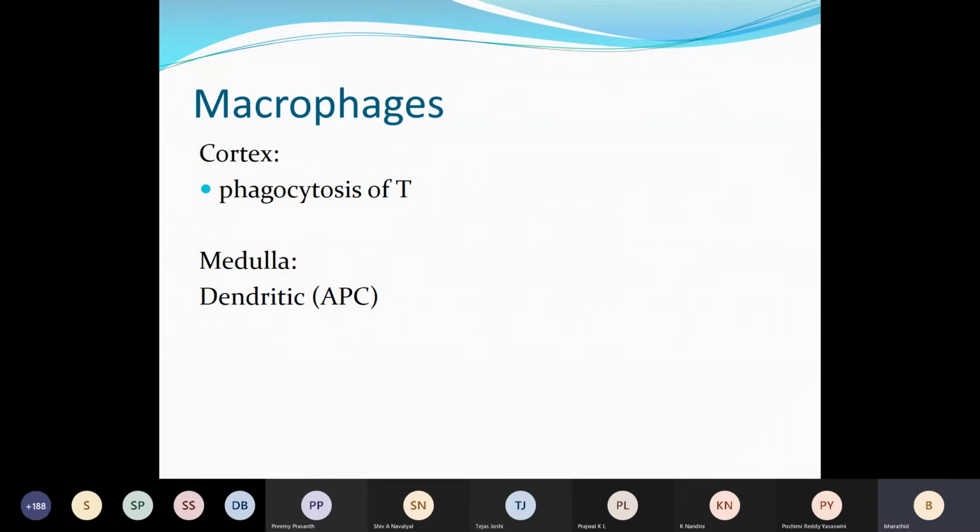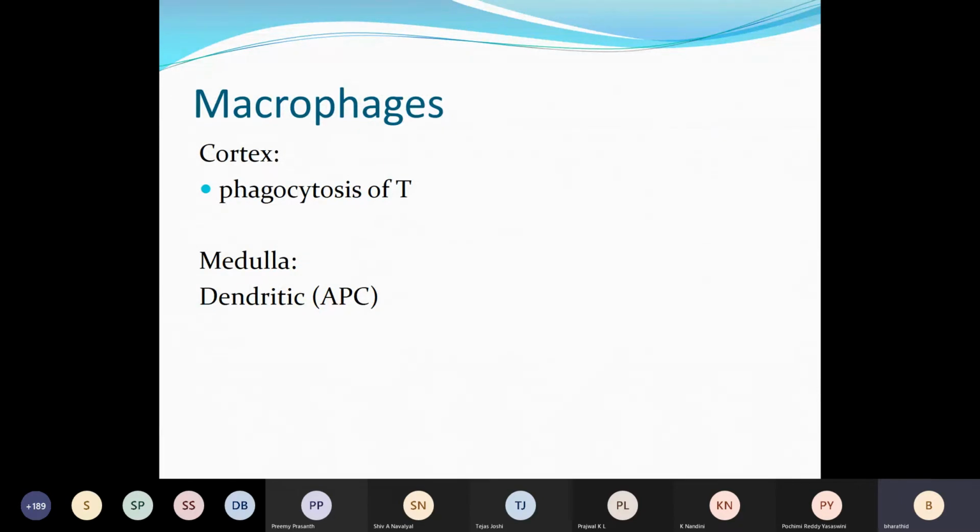Apart from these two cells, thymocytes and epithelial cells, epitheliocytes, there are macrophages which are present in the cortex. They are involved in phagocytosis of T cells. Whichever immature T cells are undergoing differentiation have to do so correctly.